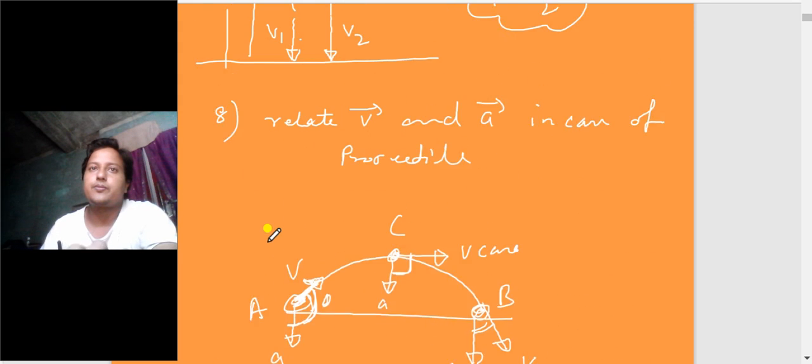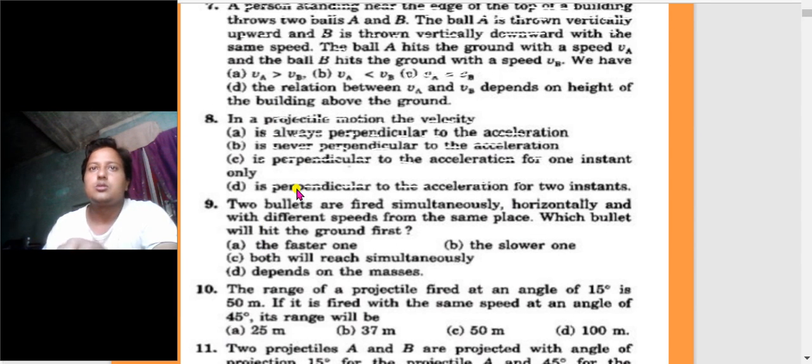So the third is the correct answer: perpendicular to the acceleration for one instant only. Now in question number 9.